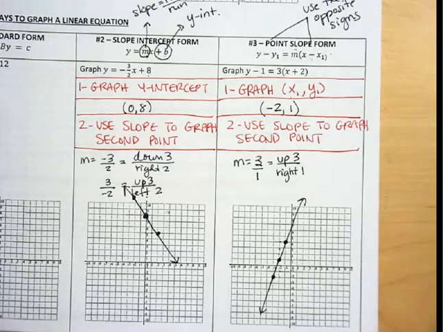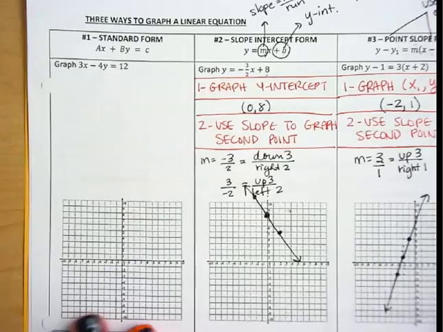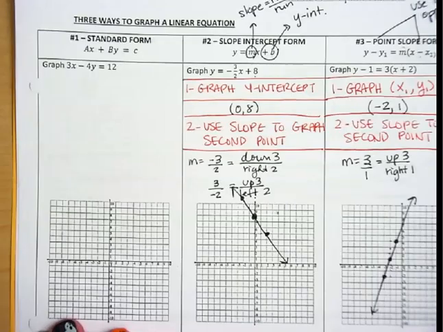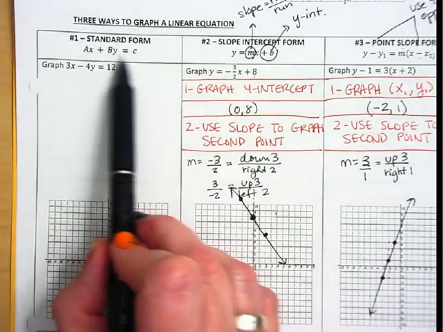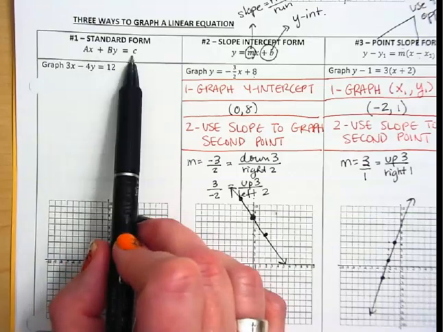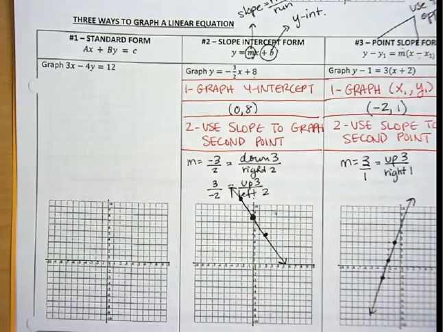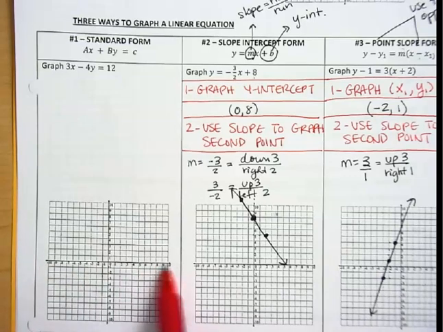Okay, so now we go over to method 1, standard form. In this form, you'll notice there's no m anywhere, so we're not dealing with slope here, but we still need 2 points. The 2 points we're going to use are the x-intercept and the y-intercept. Now, any point that's an x-intercept is going to have a y value of 0.